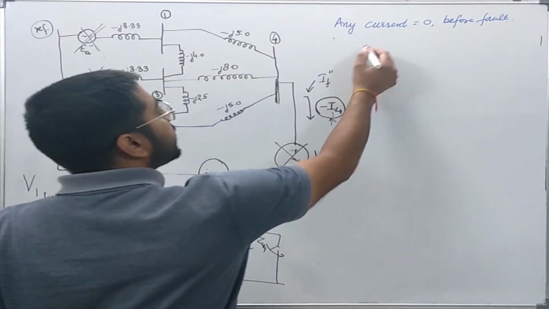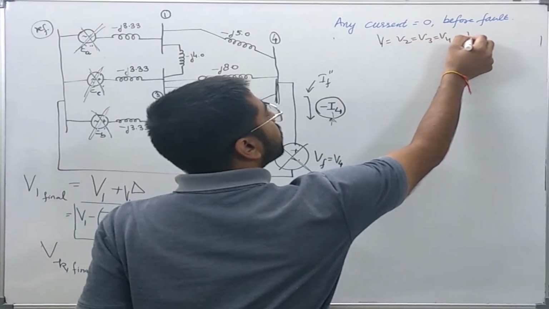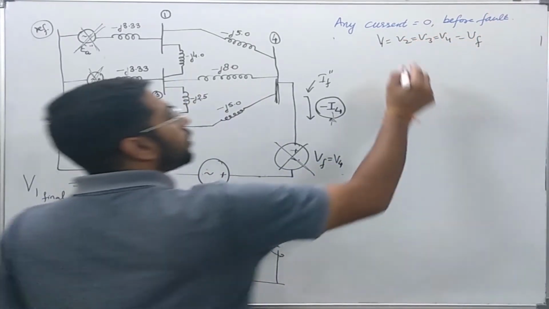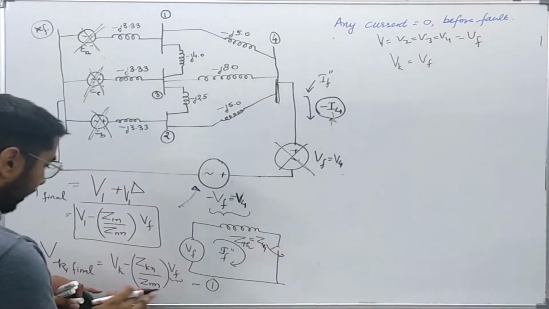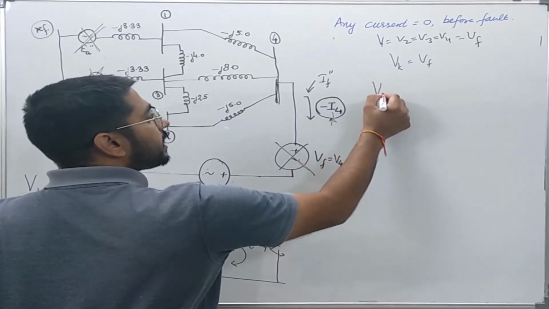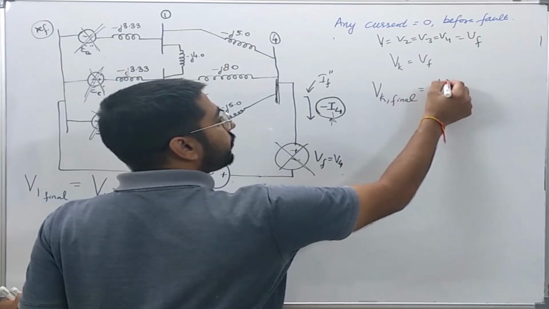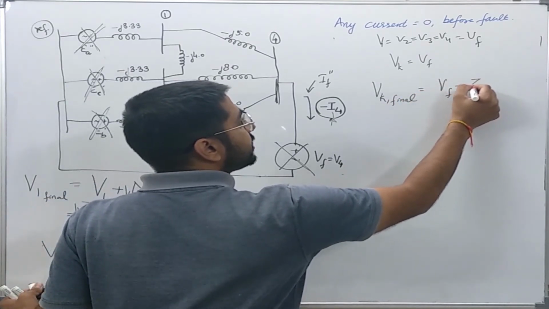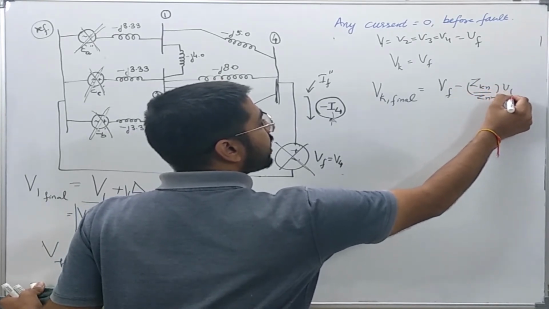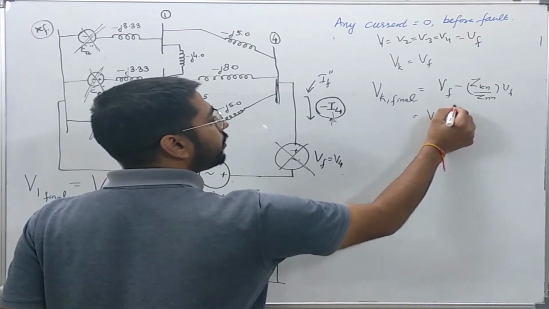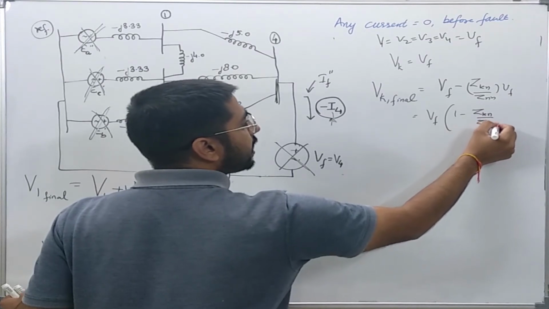So all the voltages V1 is equal to V2 is equal to V3 is equal to V4 is just equal to Vf. So instead of writing Vk, I can write Vf in equation number 1. So voltage at bus K after the fault is nothing but Vf minus Zkn over Znn into Vf, or it equals Vf times 1 minus Zkn over Znn.